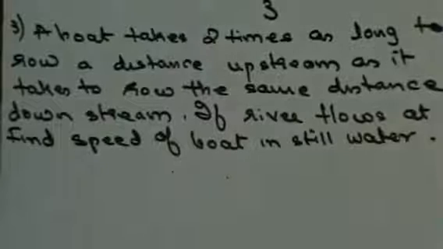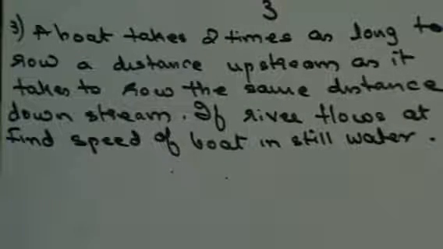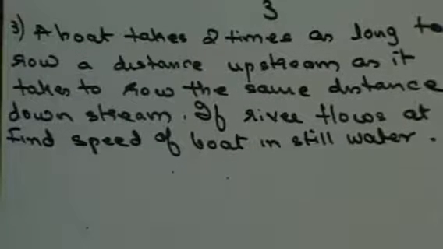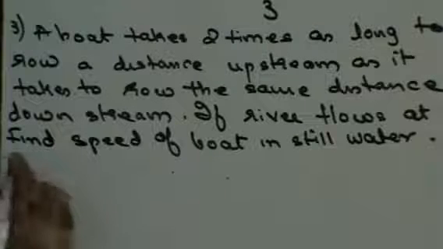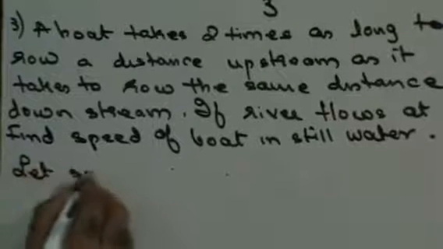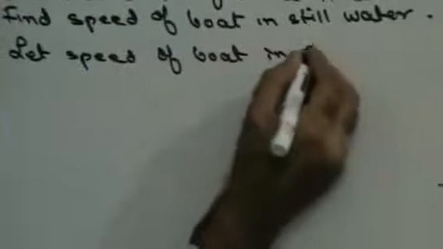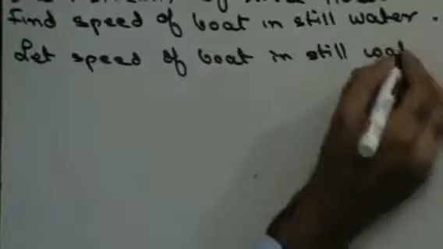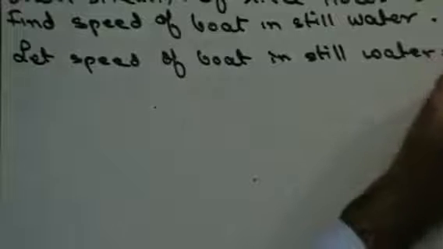Now they are saying that a boat takes 2 times as long to row a distance upstream as it takes to row downstream. Now let us assume that the speed of the boat in still water is x kilometers per hour. Therefore, the speed downstream will be how much?